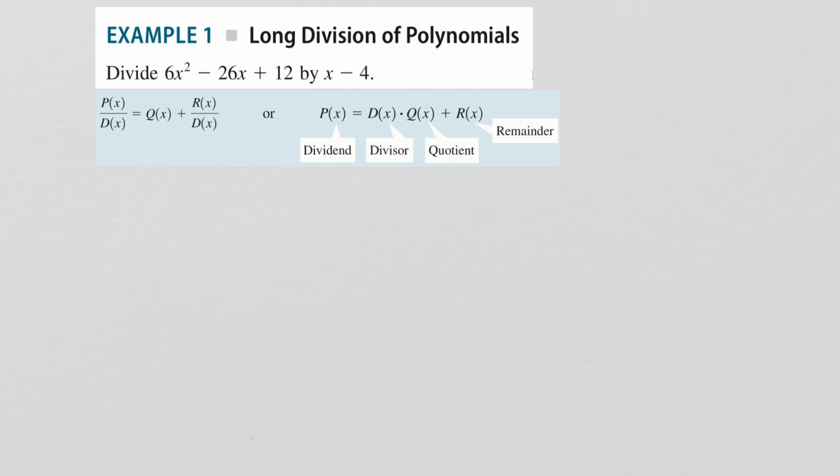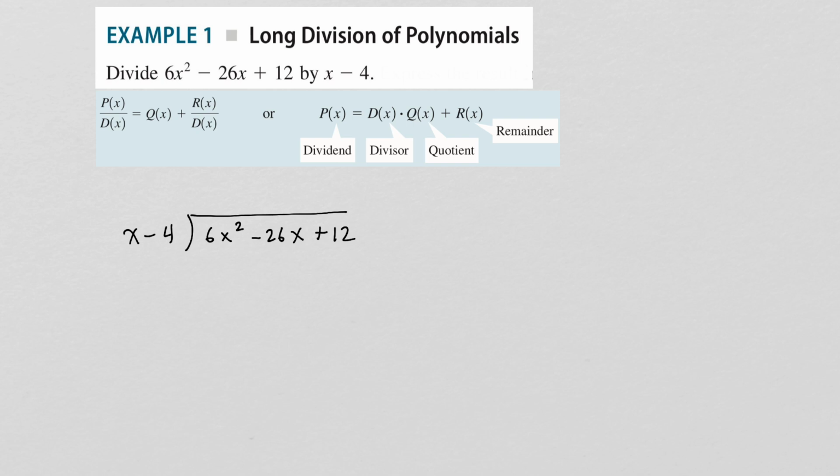So in our first example, we want to divide the polynomial 6x squared minus 26x plus 12 by the polynomial x minus 4. So we begin with writing x minus 4 and then our long division symbol, and then we're dividing that into 6x squared minus 26x plus 12.